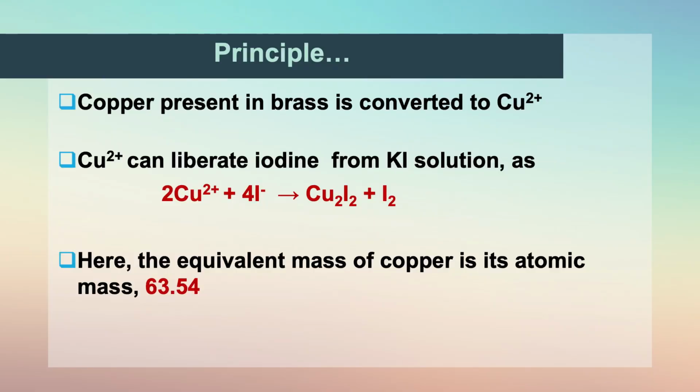Copper 2 plus can liberate iodine from potassium iodide solution, and the reaction responsible for such liberation is 2Cu2+ plus 4I minus produces Cu2I2 plus I2.